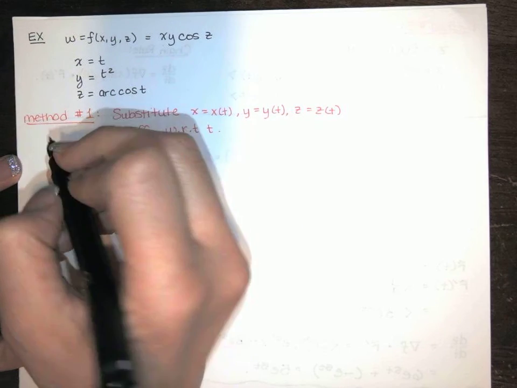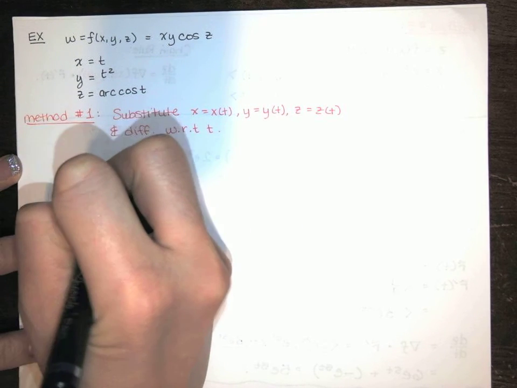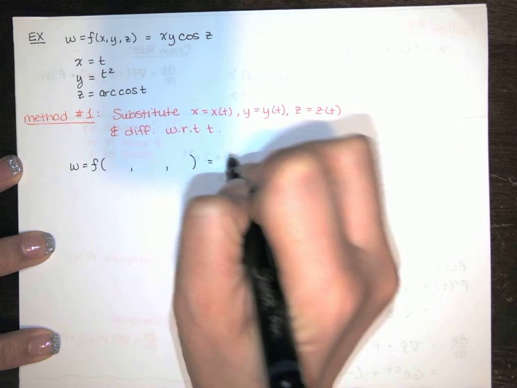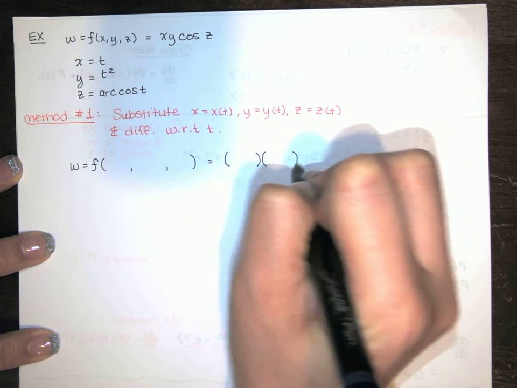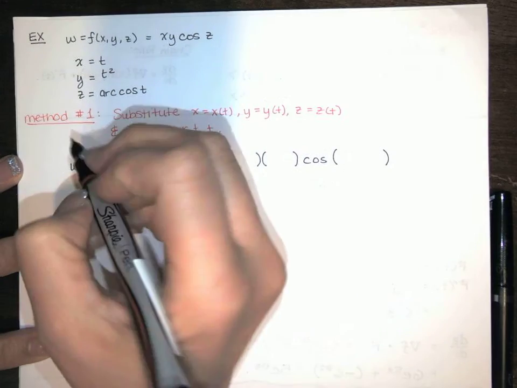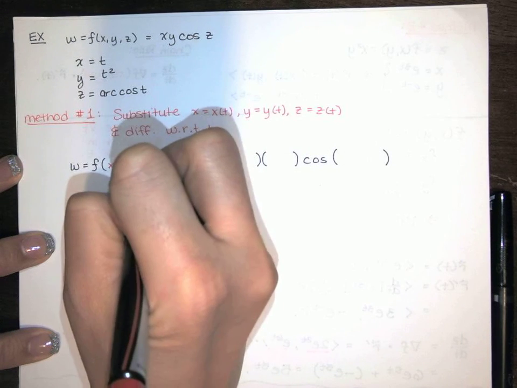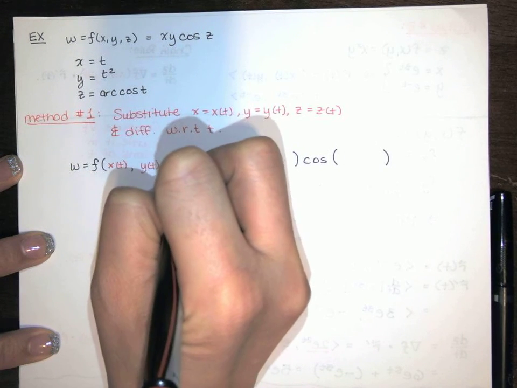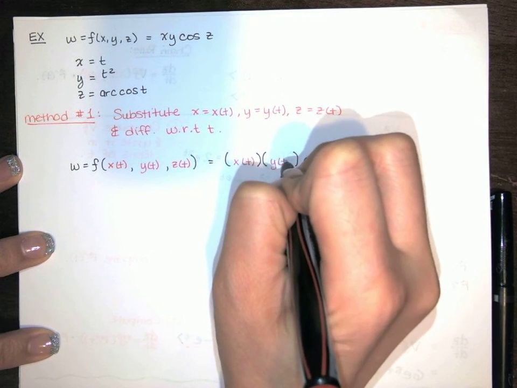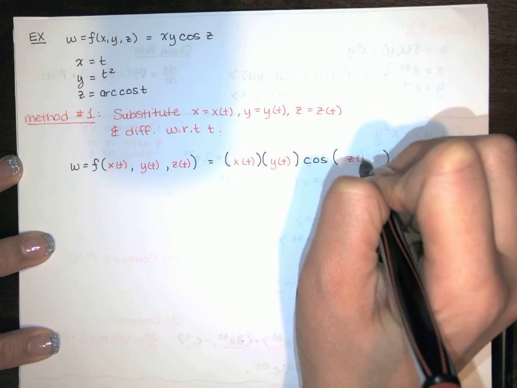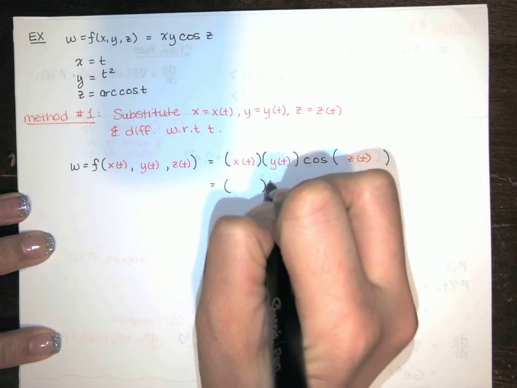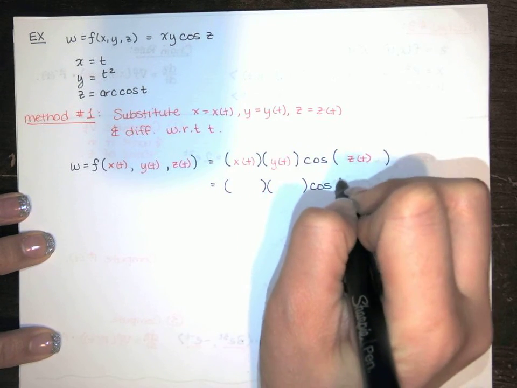So w is a new function of x of t, y of t, and z of t. So it's x times y times cosine of whatever z is. And they told us what x of t, y of t, and z of t were, so we can substitute those in.